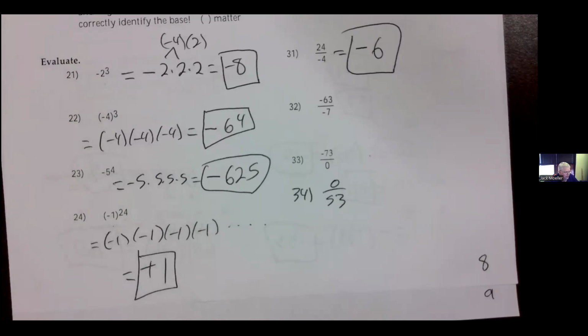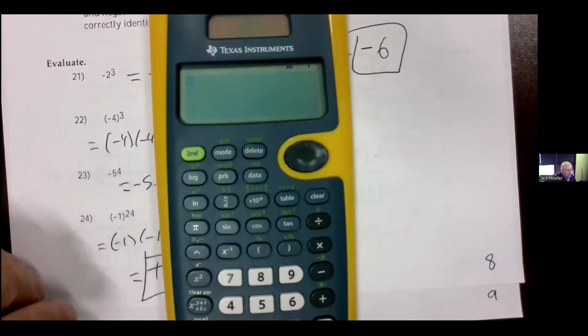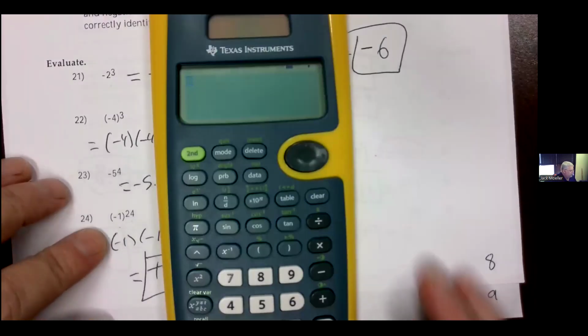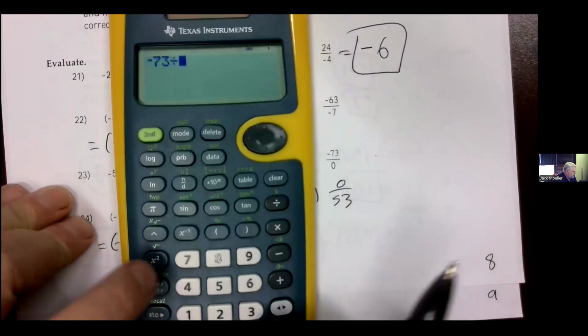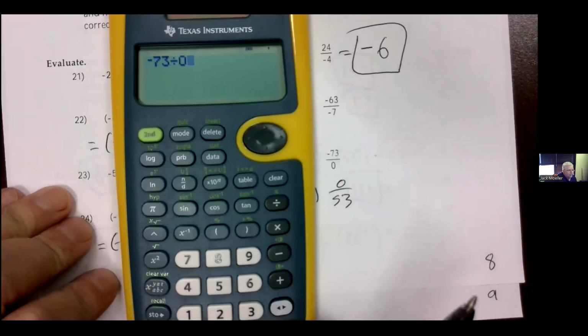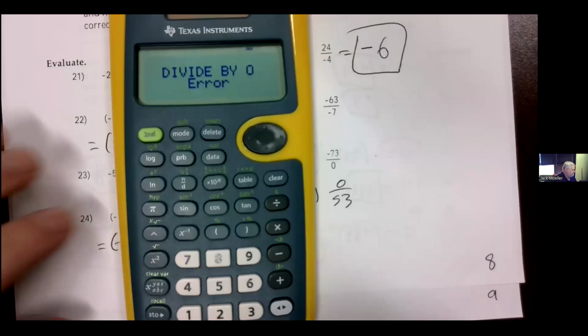Well, if you can't remember, one of the nice things is we are allowed to use a calculator. So let's do -73 divided by 0. So you get an error. In this case, it says a divide by 0 error. And so you cannot divide by 0.